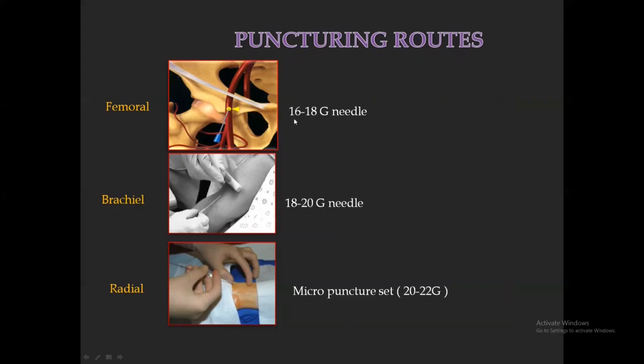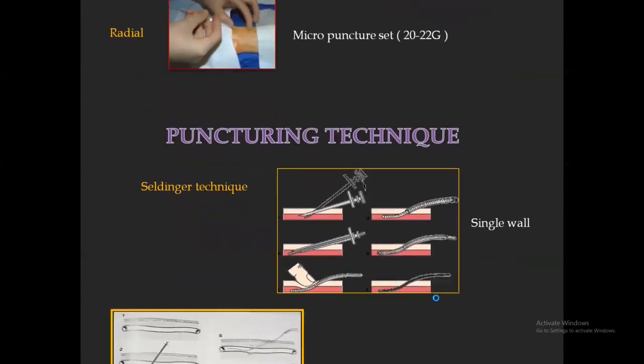The needle we commonly use is 16 to 18 gauge. If it is a brachial puncture, we will palpate the brachial artery and puncture, commonly with an 18 or 20 gauge needle. In radial artery puncture, there are specific devices like a micropuncture set available for puncturing. It has a 22 gauge needle.